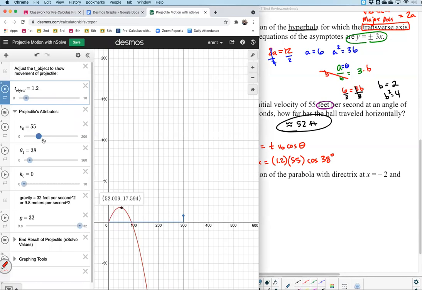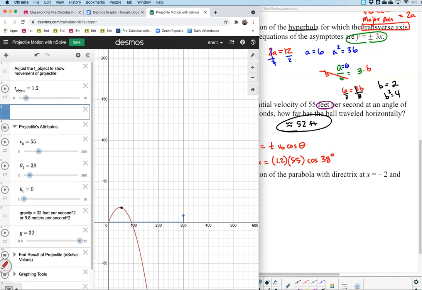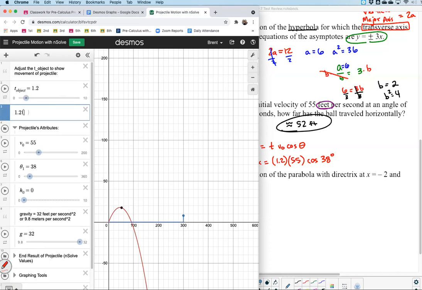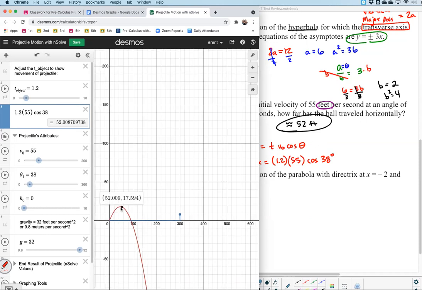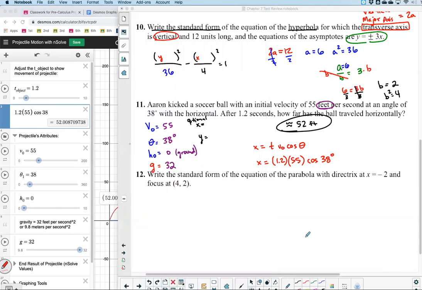It doesn't matter if you kicked it off a building or if you kicked it off the ground. Horizontally, after 1.2 seconds, it's moved the same amount of distance left and right. And so let me just type this in here. 1.2 times 55 times the cosine of 38. There we go. 52, same number. Same number that we got right there. More exact number though. So that's how you could do that, by hand and by calculator.